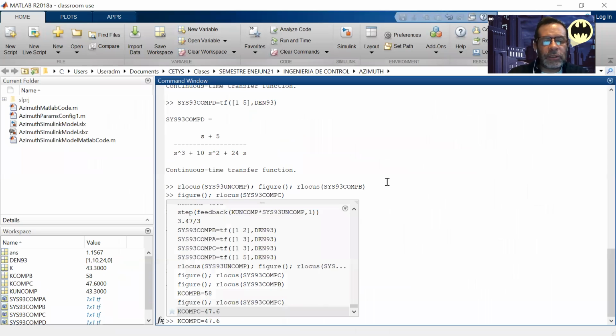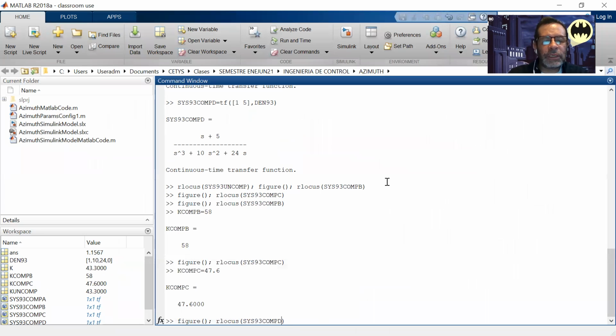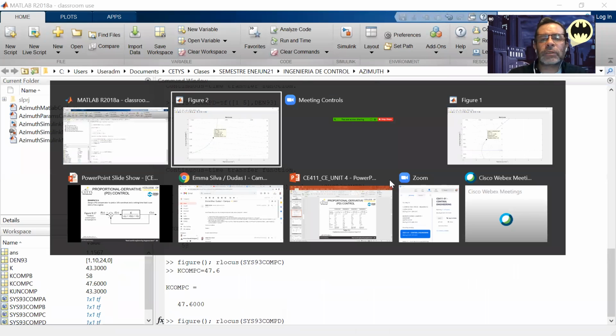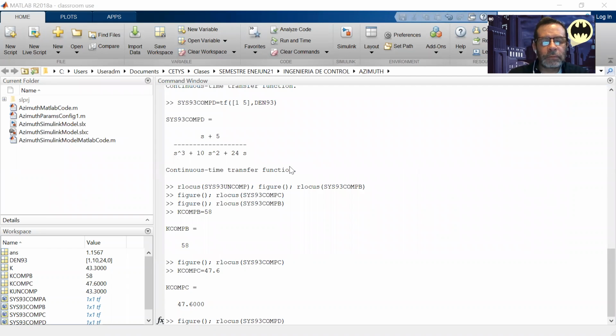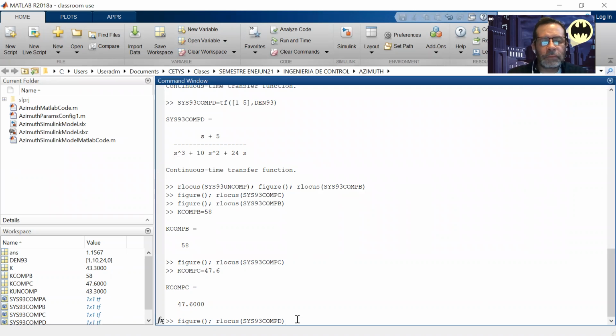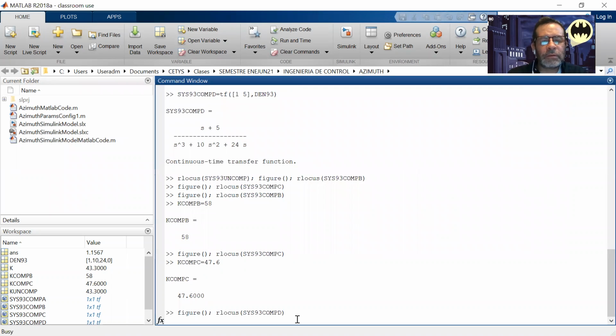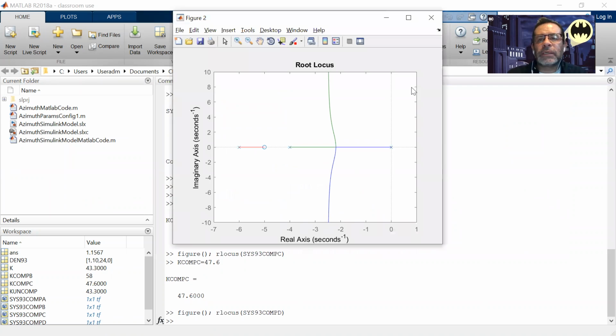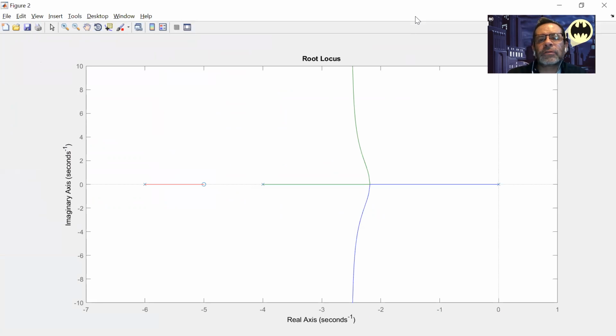And lastly, let's do compensator D. I'm going to close this one. I'm going to tell you an anecdote right now. I would love to go back in time because of the following. When I studied this in school, remember I'm an electronic cybernetics engineer.